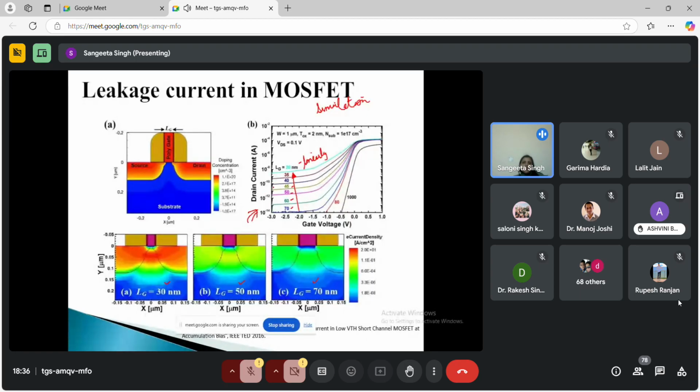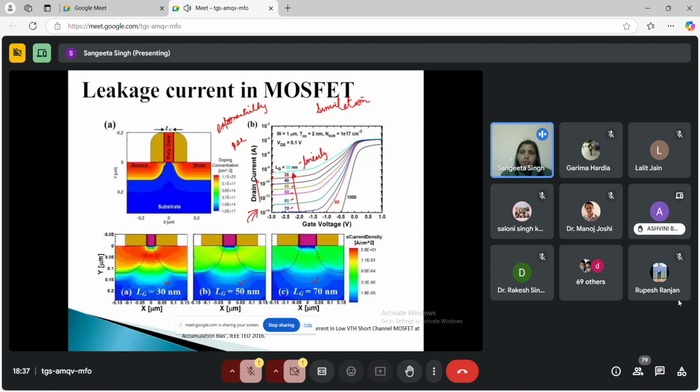But please see, the leakage flow or the leakage current is increasing exponentially. And it is not only increasing exponentially, this leakage flow is increasing exponentially for one transistor. Now if you talk about the VLSI IC, there are billions of transistors in a single IC, right?